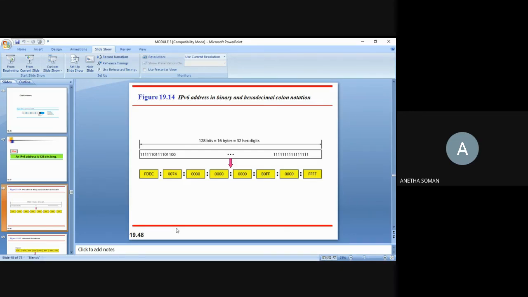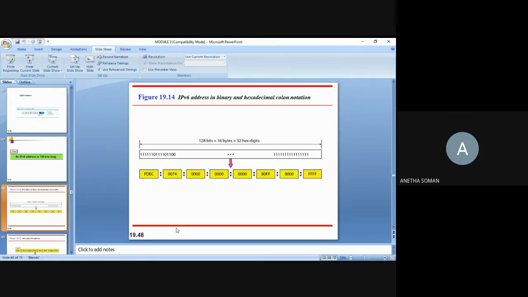IPv6 addresses can be denoted in two ways: one is binary and the other one is hexadecimal colon notation. Now, what is happening in this notation? In this notation, the total 128 bits is divided into 8 sections. You can just see in the diagram how they are being divided. Now, each section will be of 2 bytes.